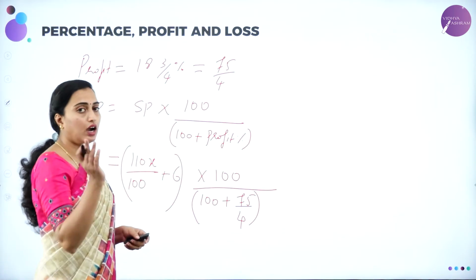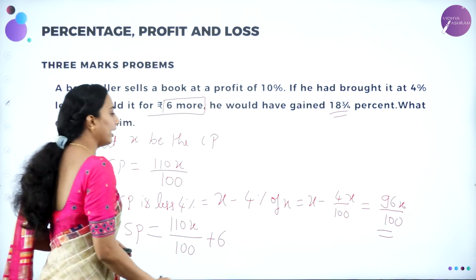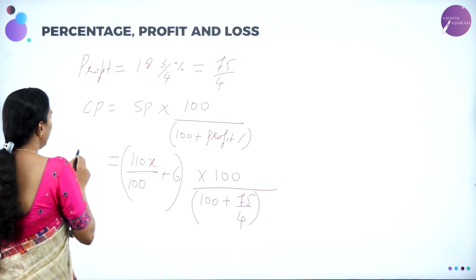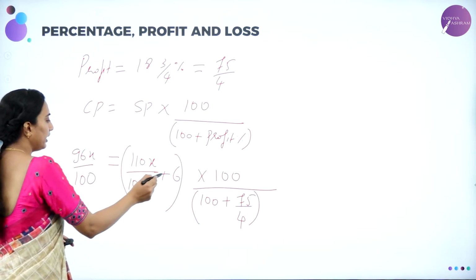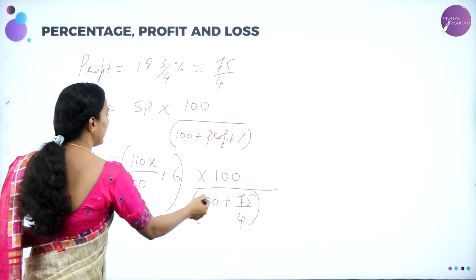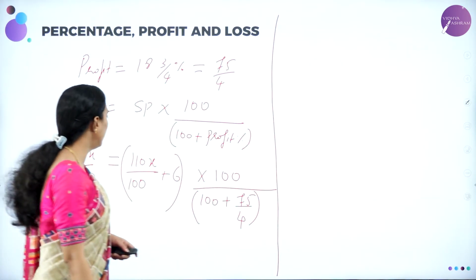Now what is the CP given? CP is given as 96x by 100. Therefore, taking 96x divided by 100 on one side, and taking the LCM, 4, on the other, the answer will be here.